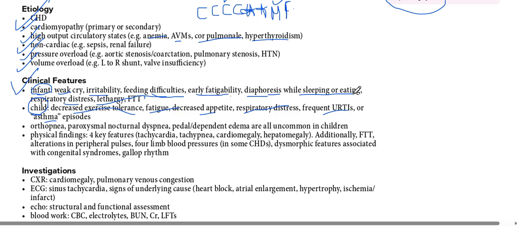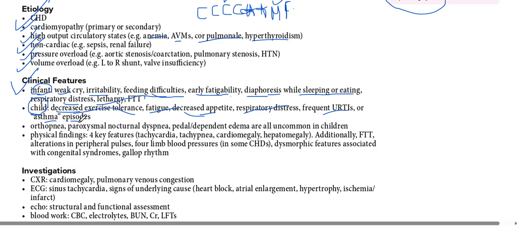But in the case of a child, there will be decreased exercise tolerance, extreme fatigue, loss of appetite, respiratory distress, frequent upper respiratory tract infections, or asthma episodes.